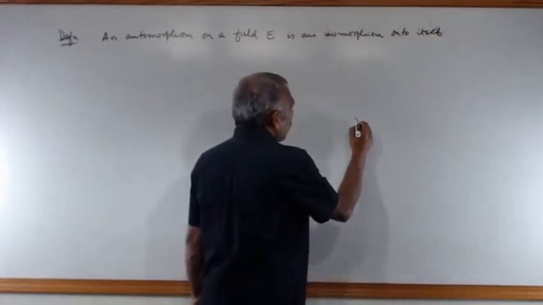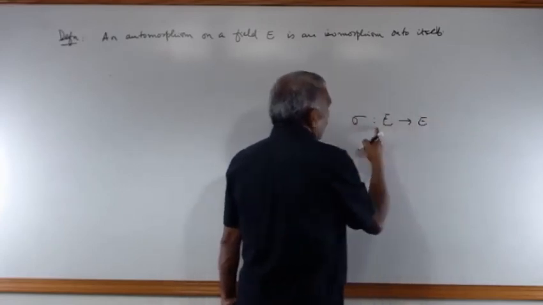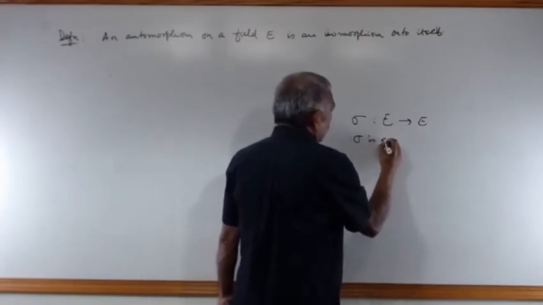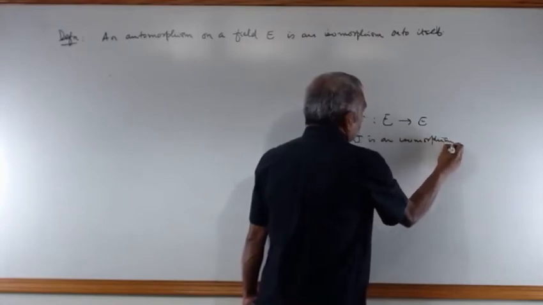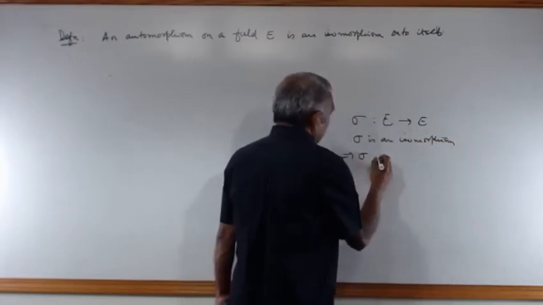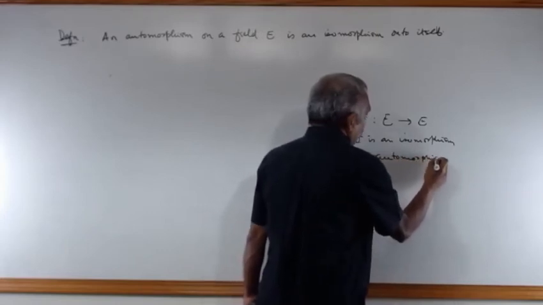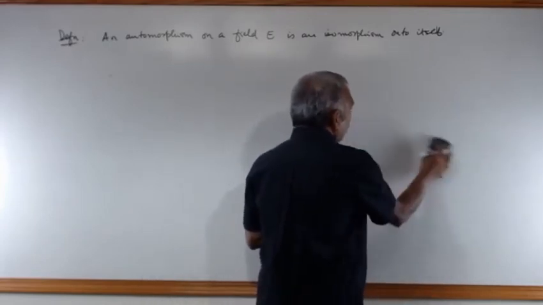That is, if sigma is an isomorphism from E to E, that implies sigma is an automorphism. It's a bijective homomorphism.